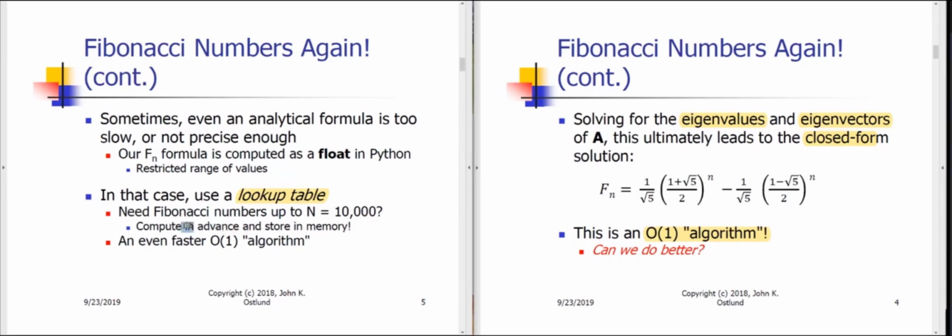What we're going to do is to just compute all these Fibonacci values in advance from 0 up to, say, 10,000, and just store those in a list in memory. So that computing the nth Fibonacci number is just a matter of looking up the sub n item in this list.